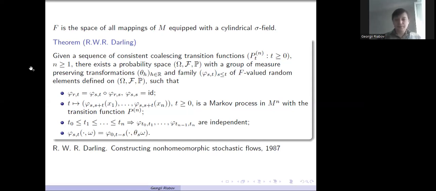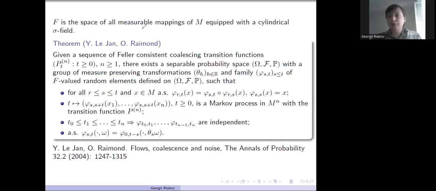There is a more recent approach in which F is the space of all measurable mappings.